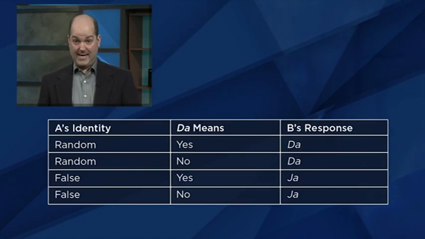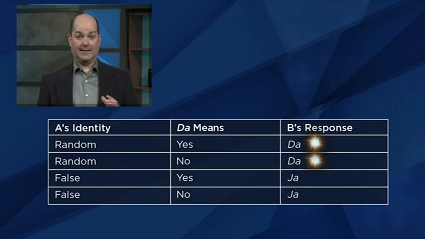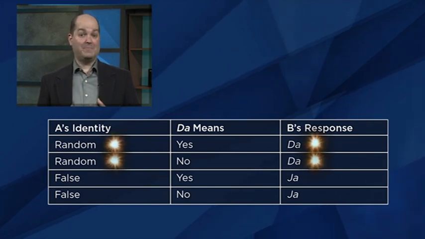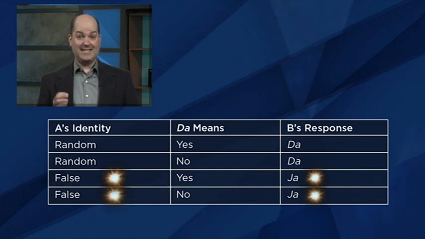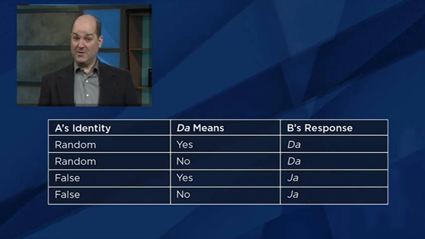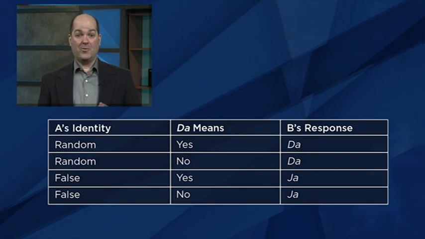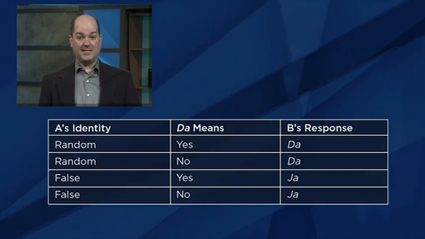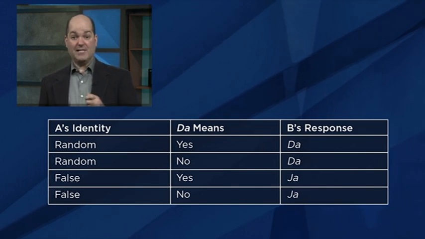The point is this: if B is true, then a response of da tells us that A is random, and a response of ja tells us that A is not random. And if A isn't random, then C is. Incredibly, it turns out that this conclusion holds even if B is false.